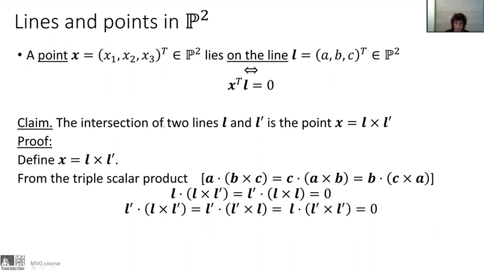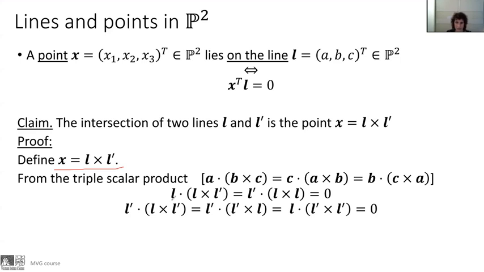What is X? X is the cross product between the lines. What is the cross product? Geometrically, it's the vector perpendicular to the plane spanned by the two vectors in R3, and its magnitude is proportional to the area of the parallelogram created by these two lines. Algebraically, in a minute you will see how to calculate the cross product.